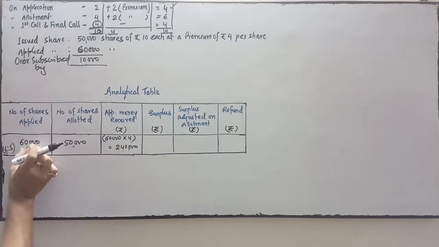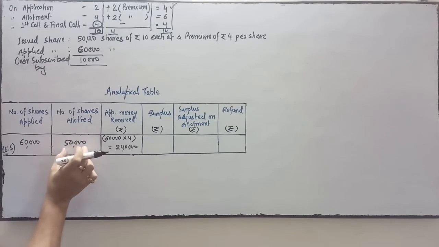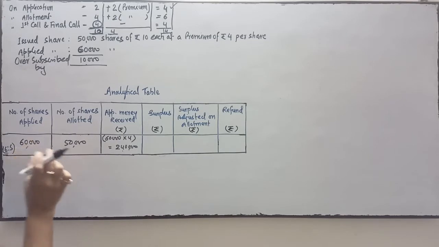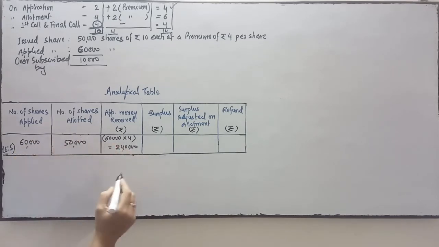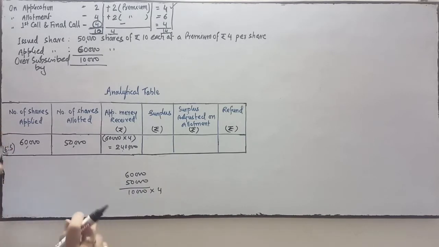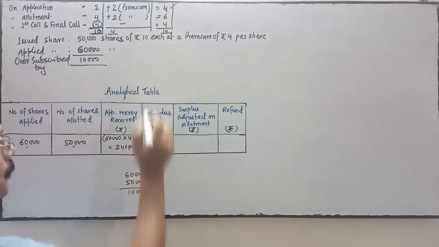Now come to the surplus. Applied by the public is 60,000. The company has allotted 50,000. It means on 10,000 shares the public has given extra money on application, at the rate of rupees 4 per share.